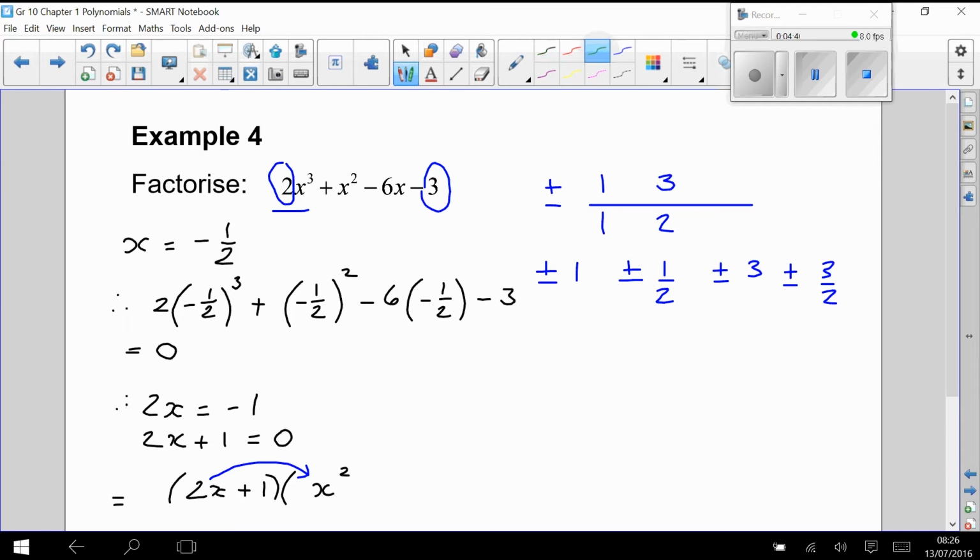Then, if I take a look at my last term, which was 1, I have to multiply that by something so that my answer is minus 3, the last term of my original expression. And if I multiply 1 by something to get minus 3, I have to multiply it by minus 3.